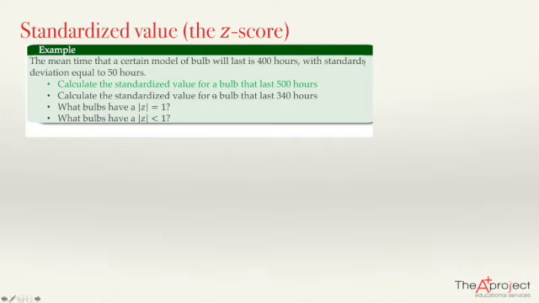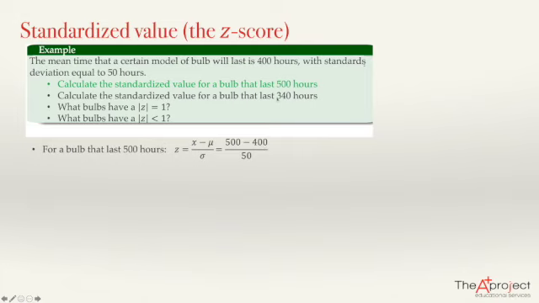The first two questions are very simple because just making a substitution solves the problem. For example, the first one, calculate the standardized value for a bulb that lasts 500 hours. So the value of x is 500. So for the bulb that lasts 500 hours, we have that z equal x minus mu over sigma. So it will be 500 minus 400 over 50.